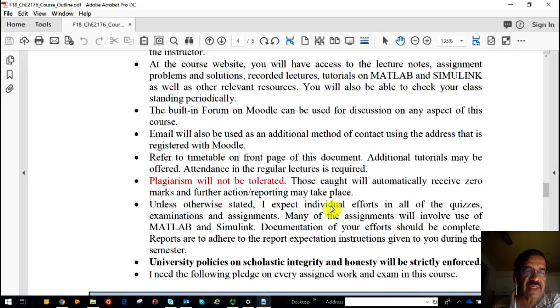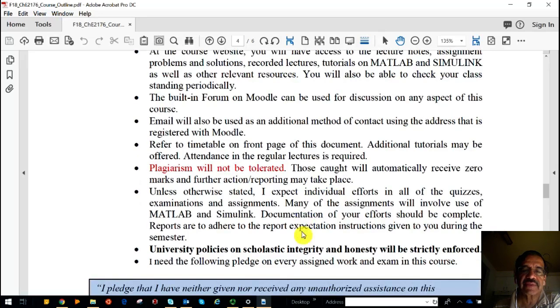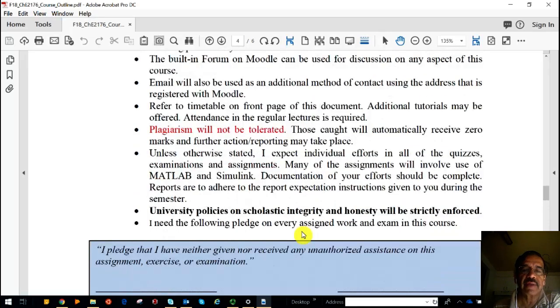If 2 assignments that are submitted are identical, both assignments will get 0. Okay, that's first time, and if it is repeated by the same group, then the university policies of scholastic integrity and honesty will be strictly enforced. That means I will report you to the appropriate authorities for more disciplinary actions.